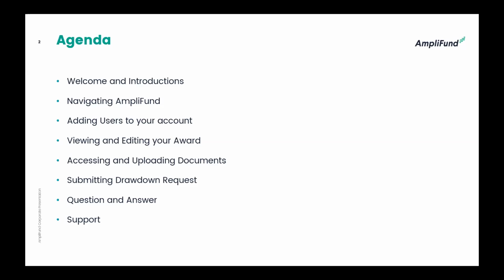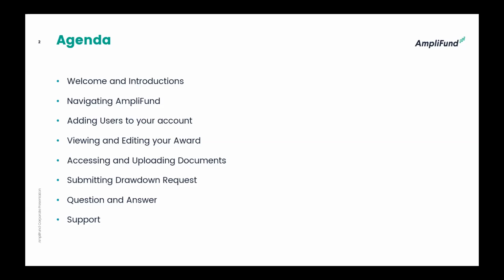I'm going to show you where you can access and edit your award that you're getting from the Department of Economic Development. And we're going to focus then on the two main tasks that we're going to want you to complete once you're invited in to view your award, which is going to be accessing your contract, uploading a signed version of that contract into the system, and then you'll also be able to submit your initial drawdown request through the system to your program rep at DED as well.